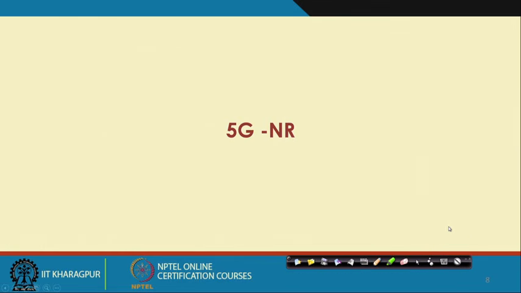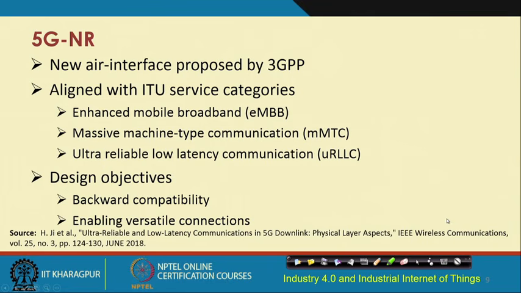So, let us talk about this 5G NR. It is a 3GPP protocol which provides a new air interface and is aligned with different ITU service categories, such as enhanced mobile broadband, eMBB, massive machine type communication, mMTC, and ultra reliable low latency communication, URLLC.